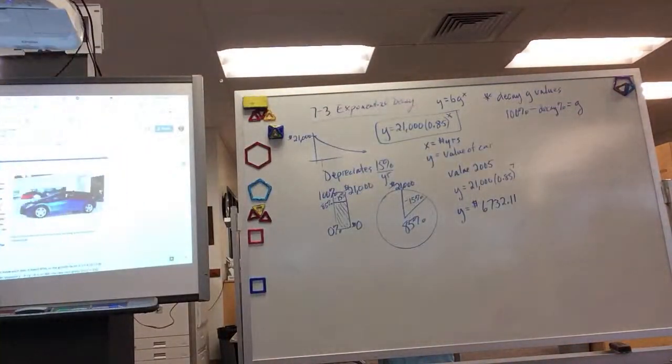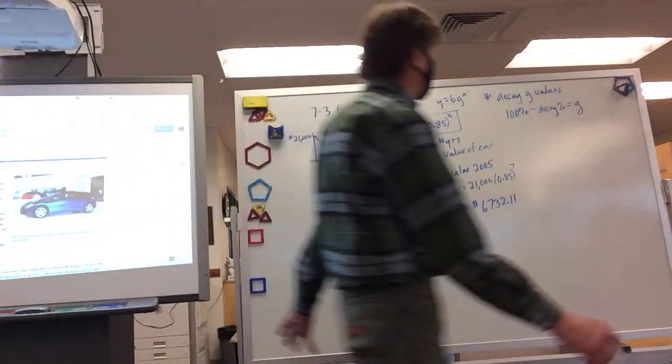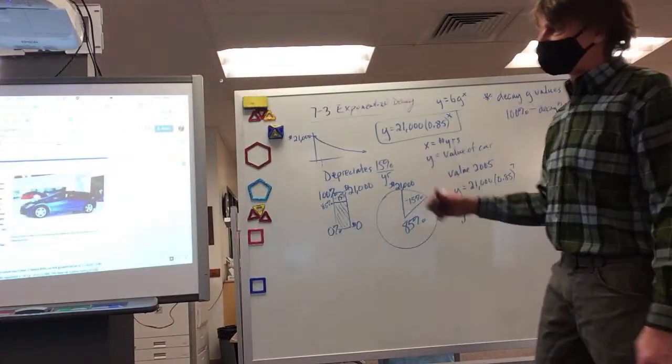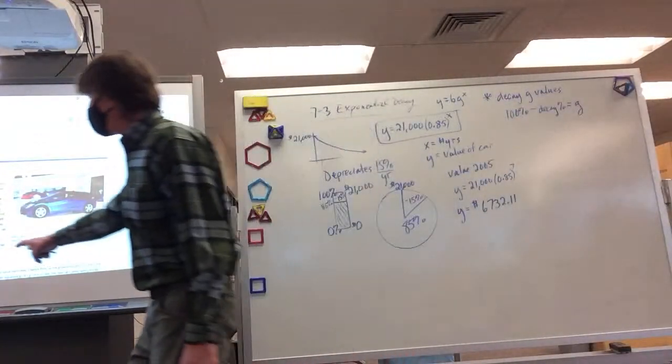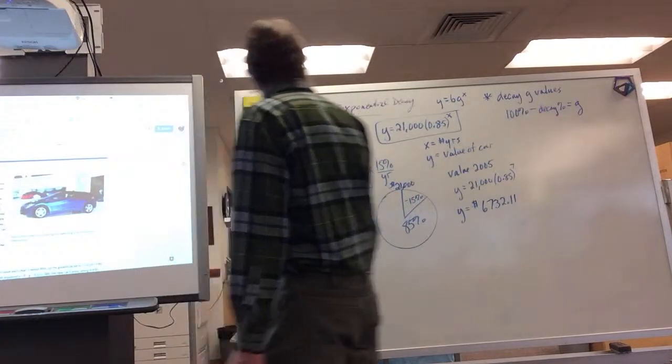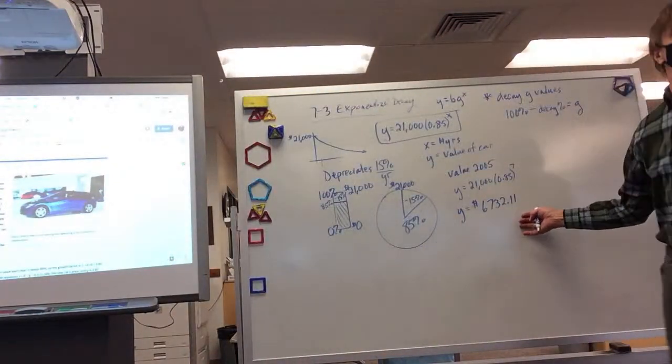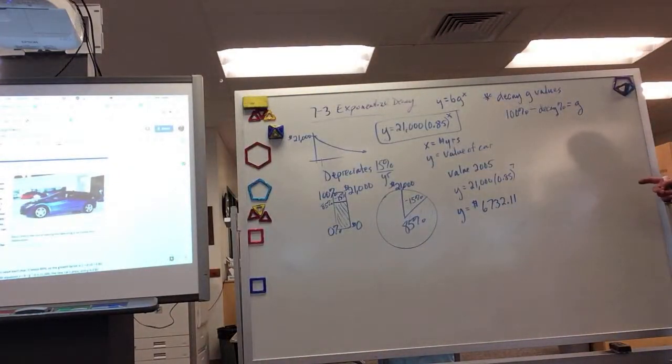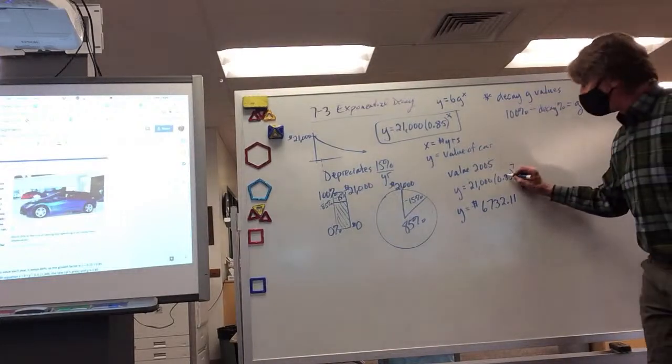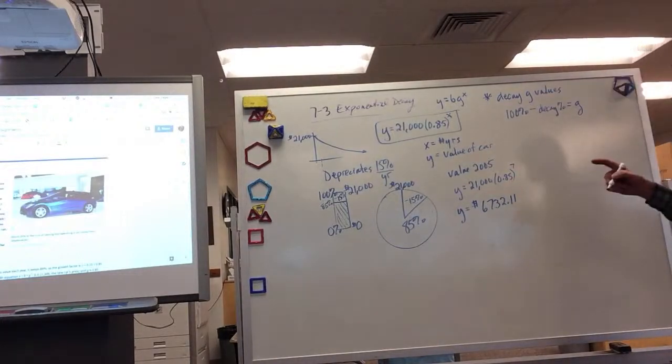So then the problem says, how close is this to the actual price of a 1998 car, which was $7,050 in 2005? So they're going back and looking at data and saying that's what cars from 1998 on average were worth. Is this above or below? So it's below. Was the depreciation rate higher or lower than 15%?